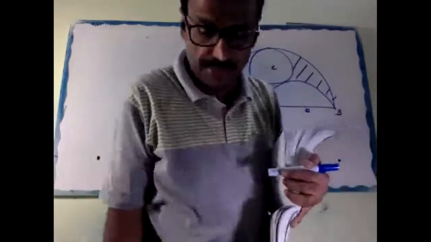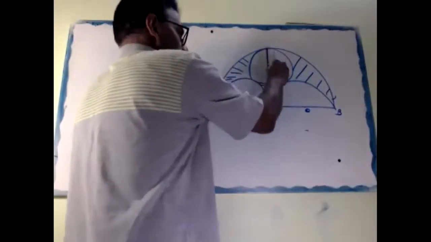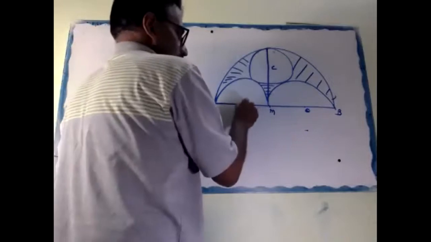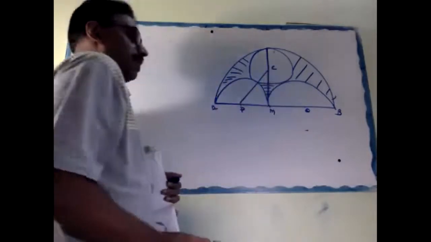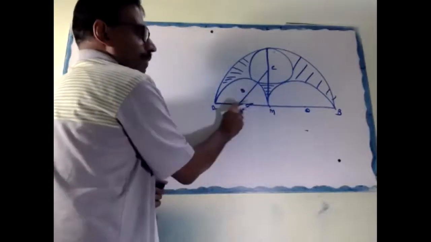Okay, look here now. My plan: I draw this line, then I join to here. This is 9, right? PM is 9 and this one is 9.